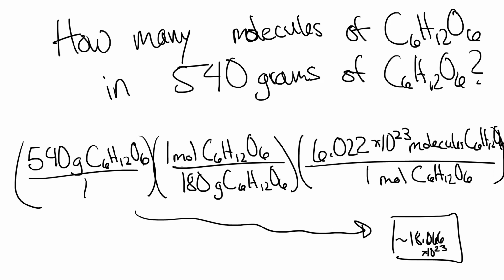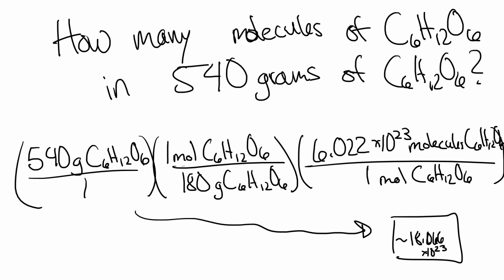Okay. Any questions? Yes. You're getting 1.8066 times 10 to the 24th. Yeah. I just was lazy and didn't move the decimal to give you the scientific notation. Or not lazy, but just expedited things.